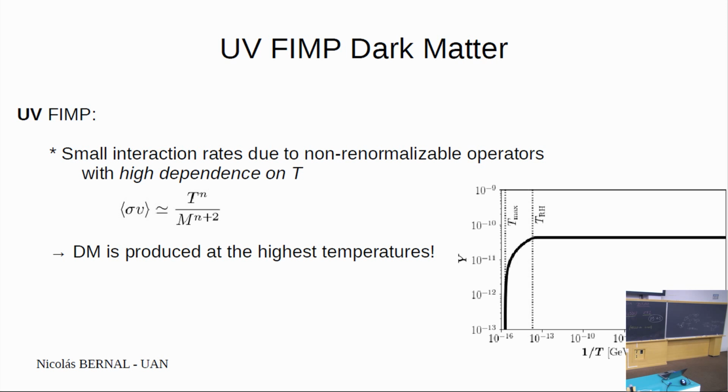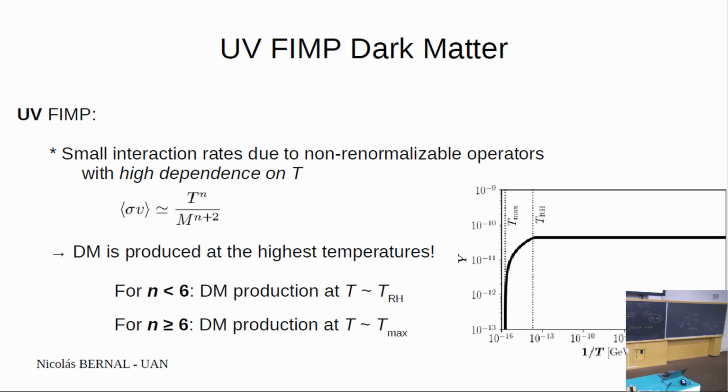That could be either T reheating or Tmax. For instance, if n is less than 6, so the cross-section scales like T to a power less than 6, the bulk of dark matter production happens at T reheating. However, if the dependence is even higher, if n is 6 or higher, the bulk of the dark matter production will take place at Tmax.